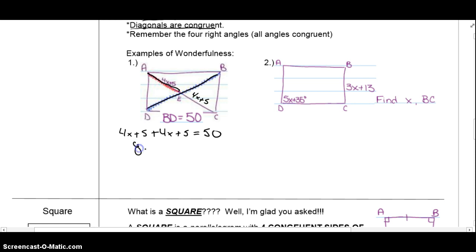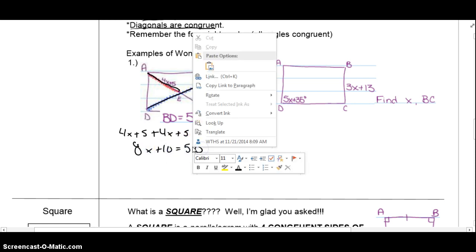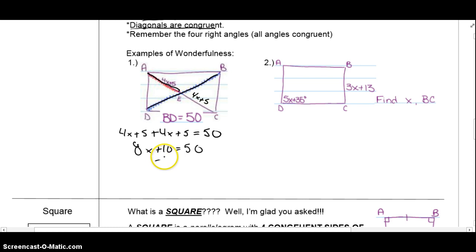Or ultimately, it's 8x plus 10 equals 50. How do you get x by itself then? Like usual, subtract 10. Subtract 10 from 50, get 8x equals 40. Divide, and x equals 5.